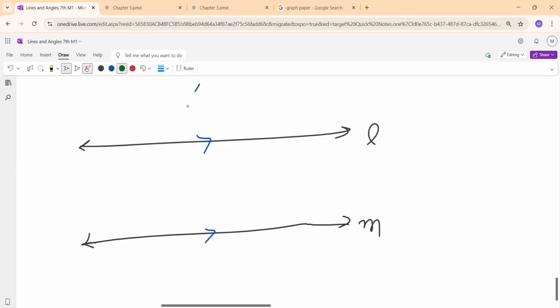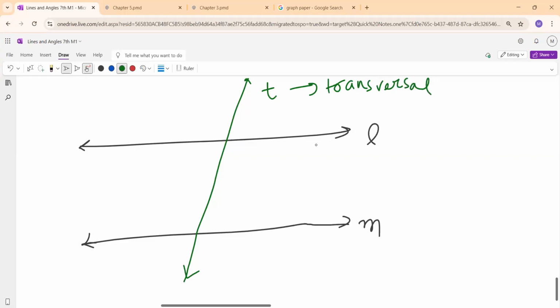Now, in these two parallel lines, let's remove the arrows. Let's say there is a line which is cutting these two parallel lines. The line which cuts the parallel lines is known as a transversal. What do we call it? Transversal.